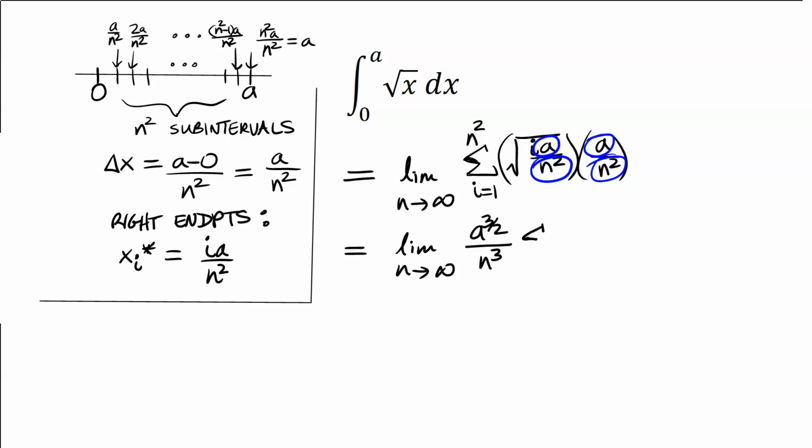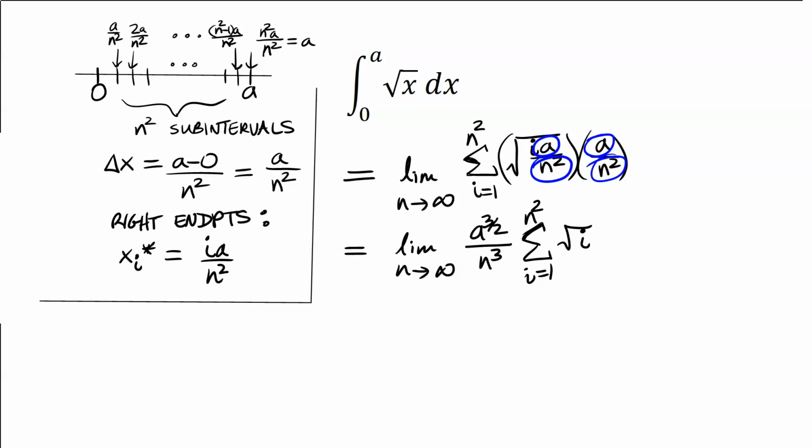And what we're left with inside the sum is just the square root of i. So we're going up to n squared of square root of i. So this is the sum that we really have to look at, this sum from i equals 1 to n squared of square root of i.